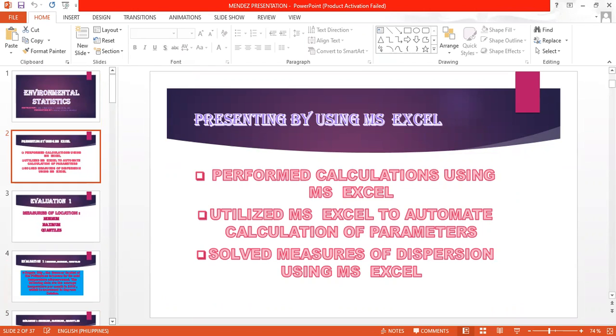Our second evaluation is about how to measure central tendency and utilize MS Excel to automate calculation of parameters. Our last evaluation is about how to measure dispersion in terms of range, interquartile range, variance, standard deviation, and other measures of dispersion using MS Excel.